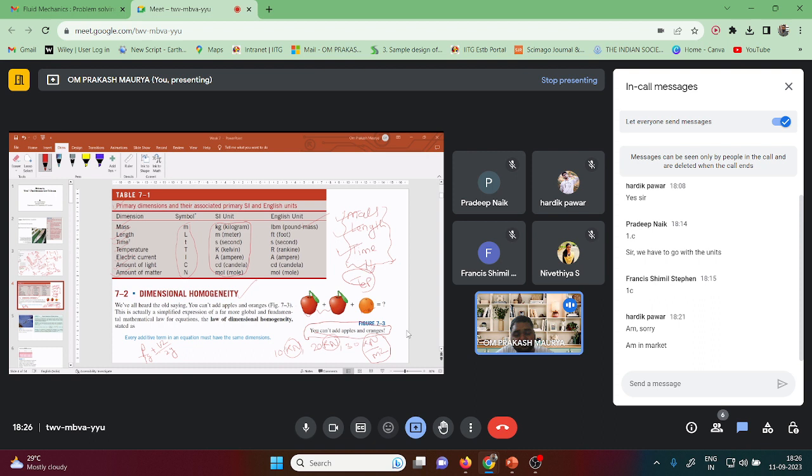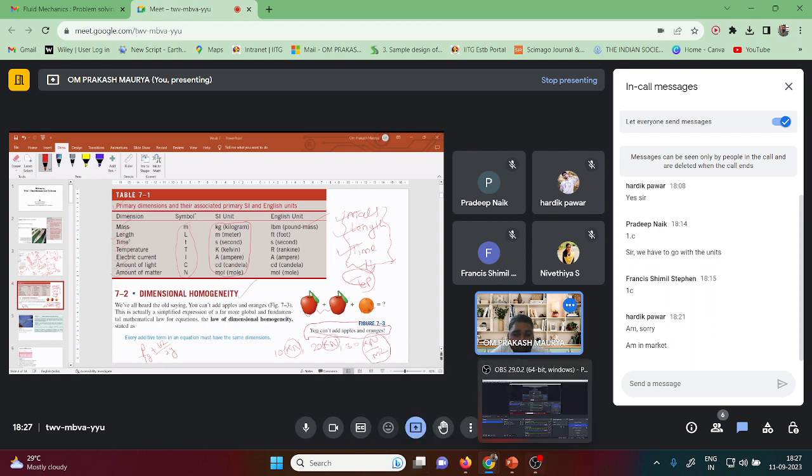It is only a representation. Somewhere the temperature is represented by theta, but here the temperature is represented by capital T. So this is not a big issue. As per our convention, we can take a capital or a small letter, no problem, but the concept should be clear.